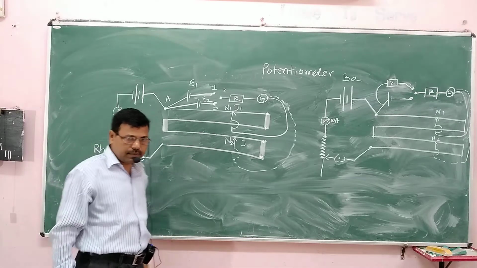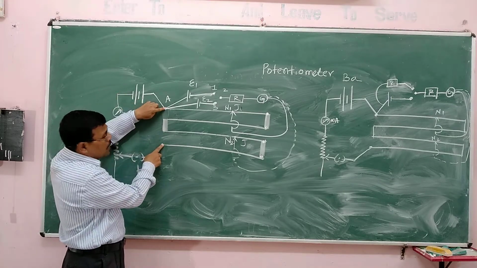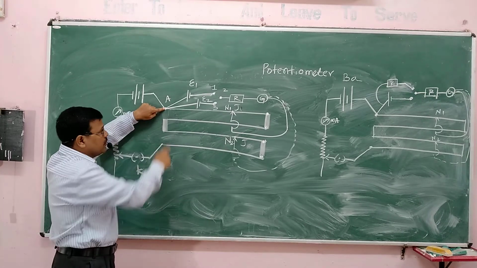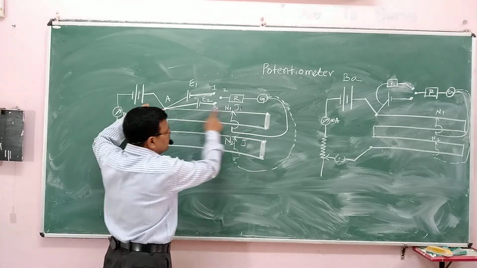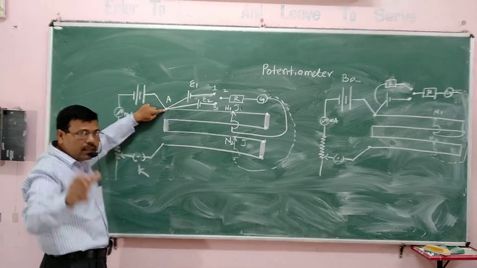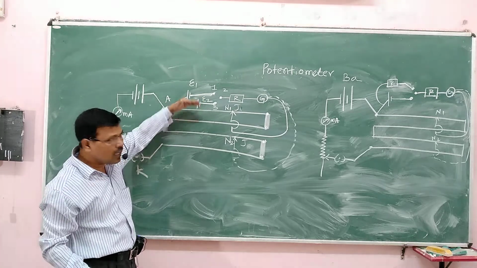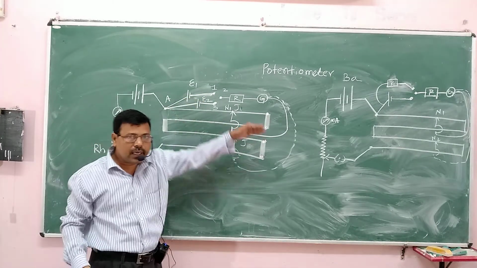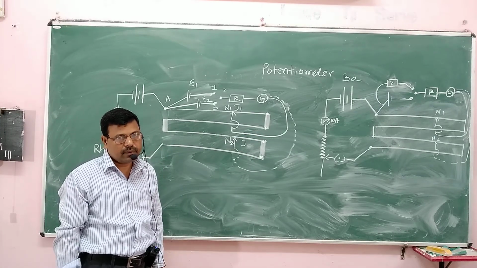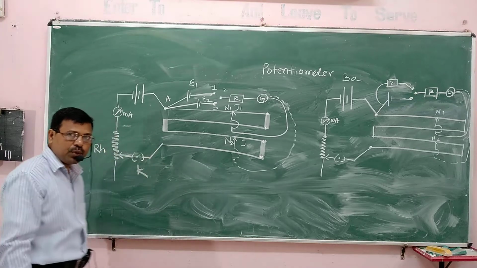I repeat, when a steady current is maintained through a wire, then the fall of potential from a cell is directly proportional to the balancing length. Then what is the construction of the potentiometer?